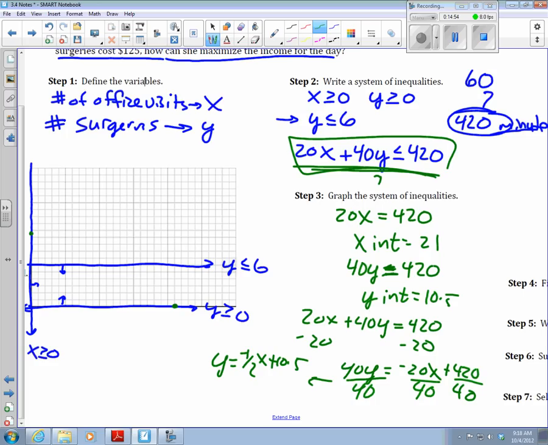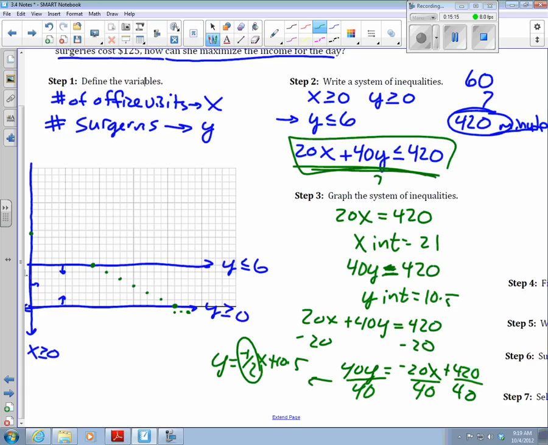We already got a graph, just got to draw a line through it. I want the slope, negative 1/2. So I could go down 1 over 2, or I could go up 1 and back 2. Up 1 and back 2. I'm going to keep doing this until I get to this point right here.